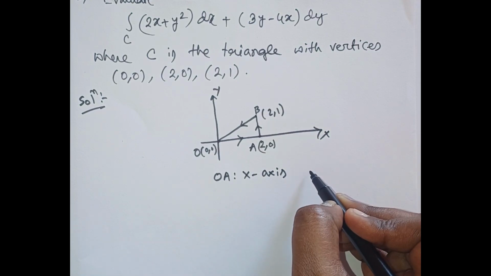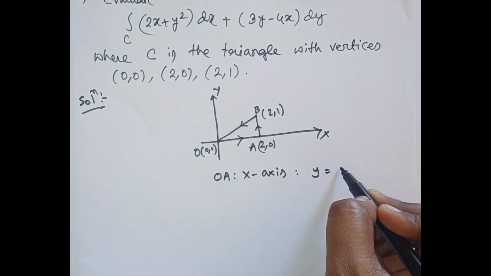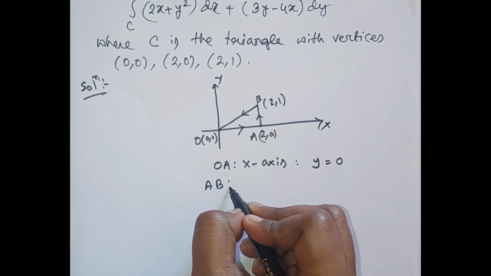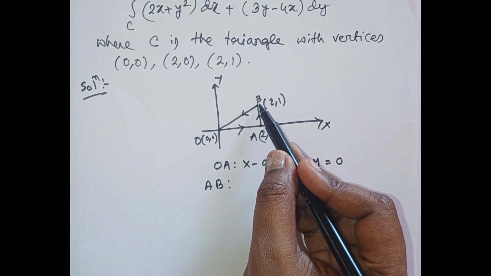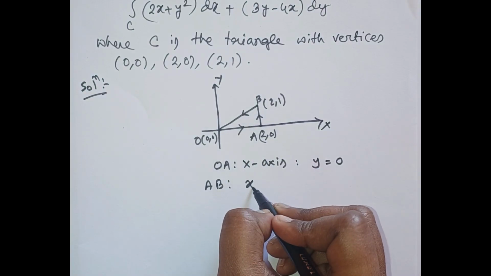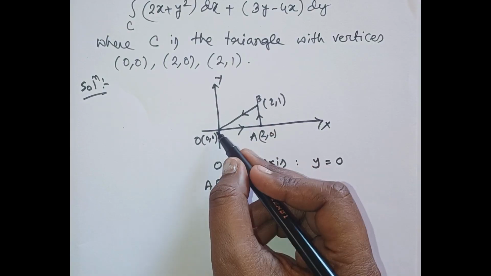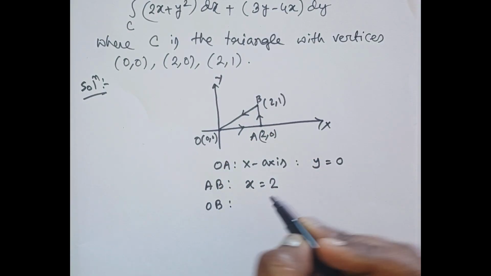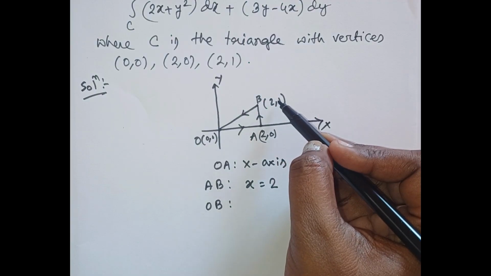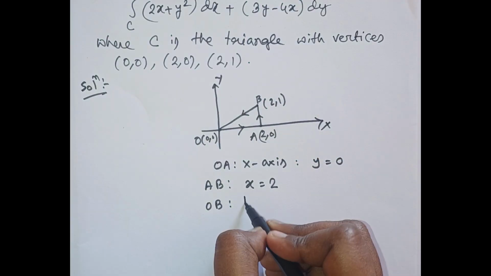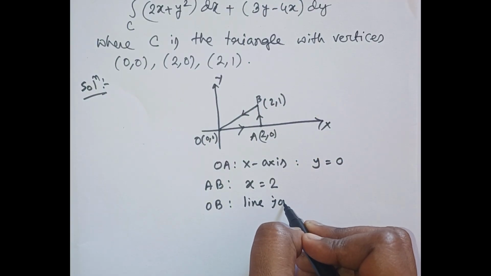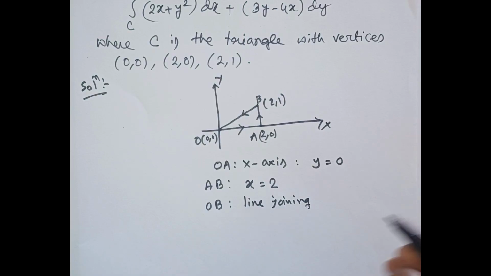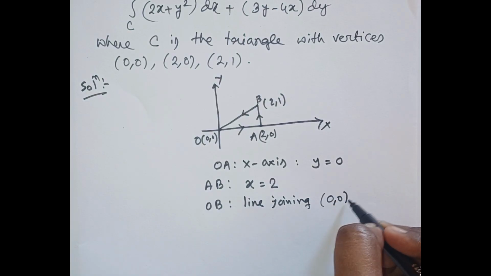So for OA, that is the x-axis, the equation of the line, you all know, is y equal to 0. For A to B, you can see that the equation is the line x equal to 2. And for OB, we have to calculate the equation of the line. This line is actually the line joining the points O (0, 0) and B (2, 1).